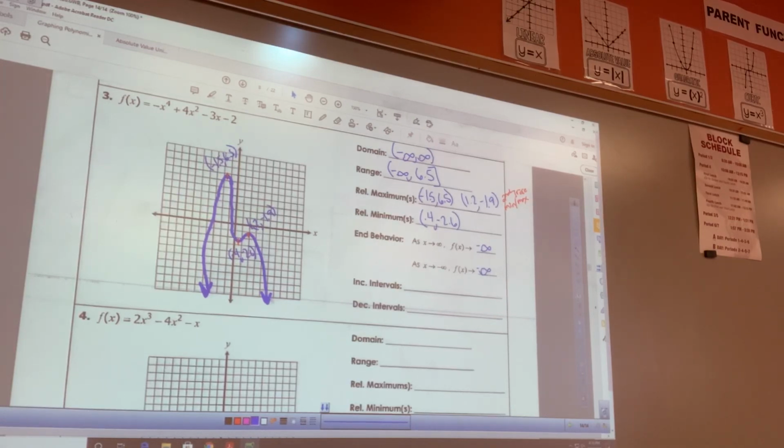All right, increasing intervals. Remember, you read this from x values of your turning points. What are your turning points? Right here.